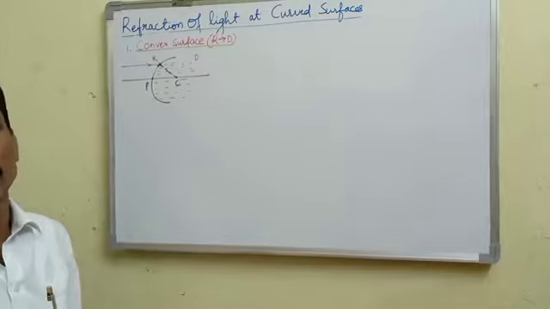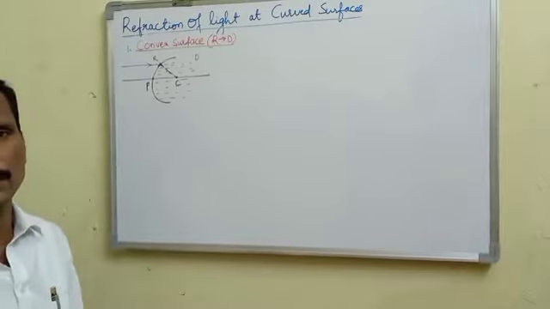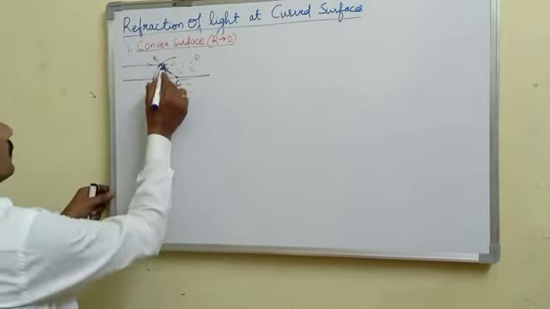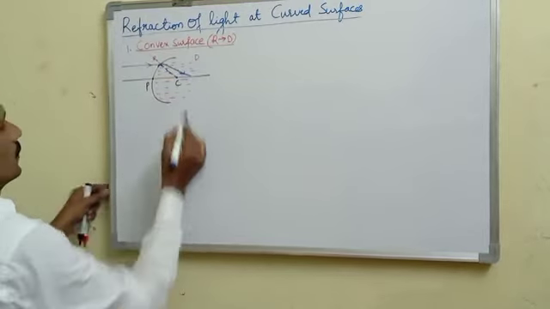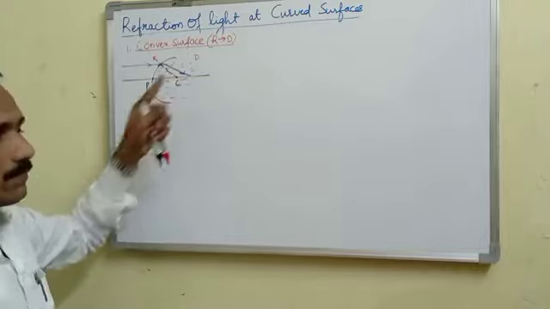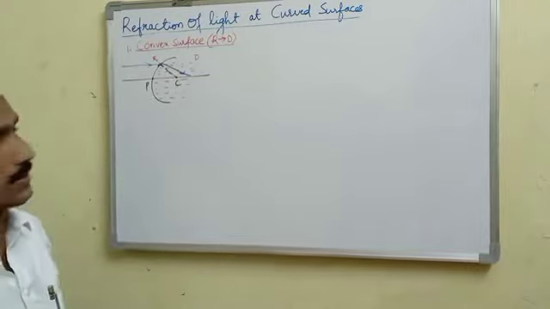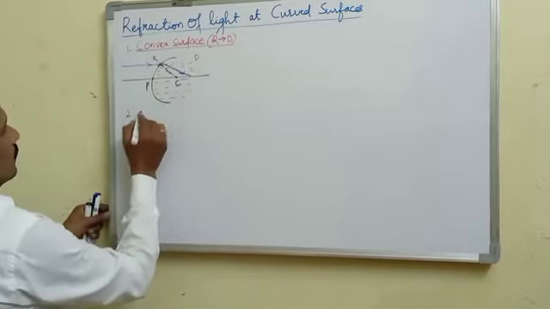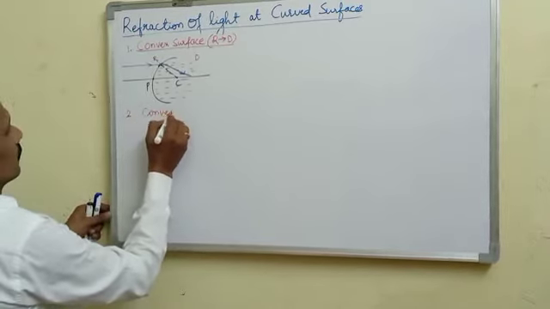The refracted ray bends towards the normal like this. So the refracted ray converges on the principal axis. Next, second case, a convex surface.